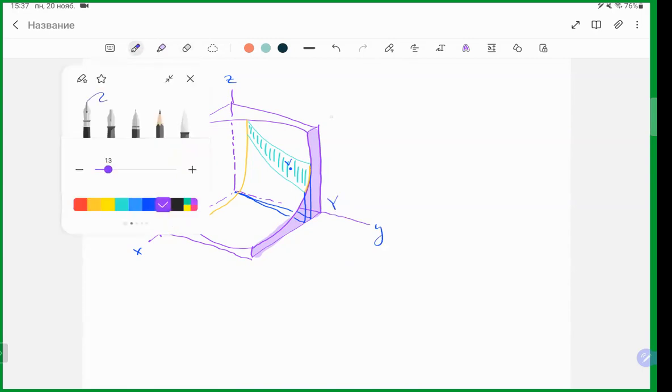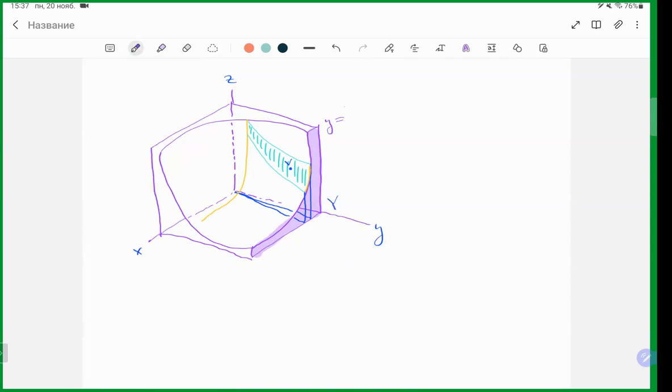Now this is the plane Y equal to Y capital, and I want it to depend on delta.